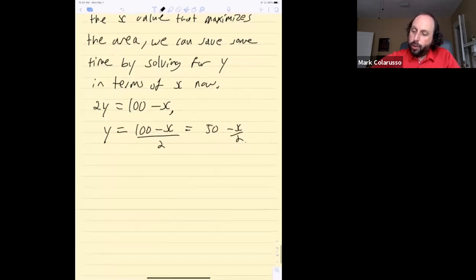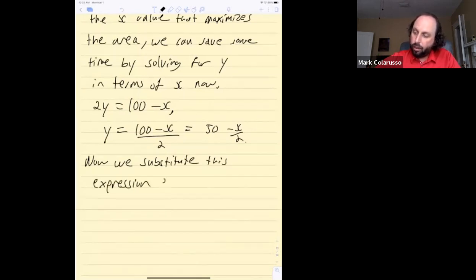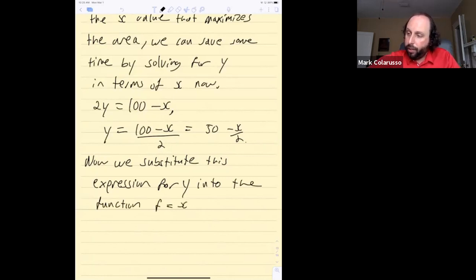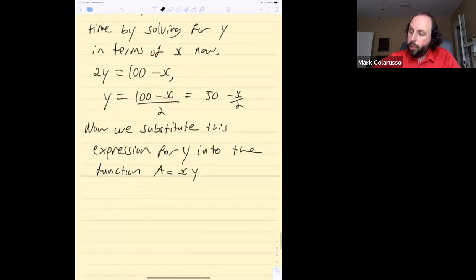And now we substitute this expression for y into the area function, capital A for area, is x times y, to obtain a function of only x.